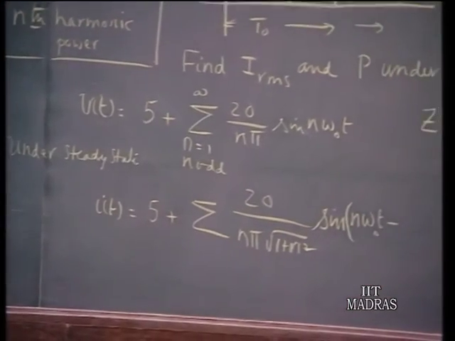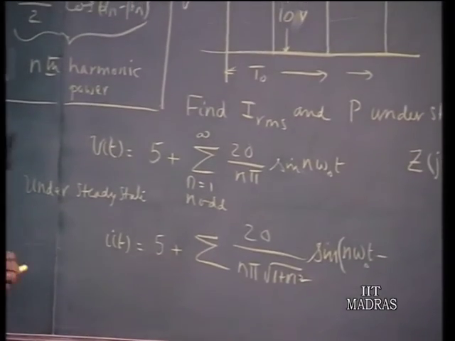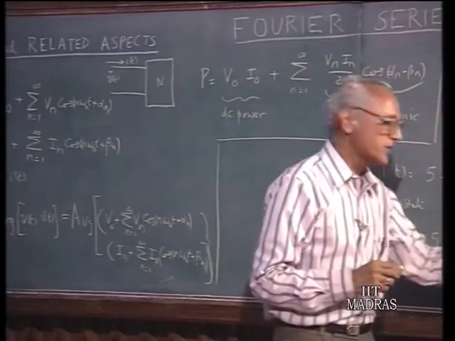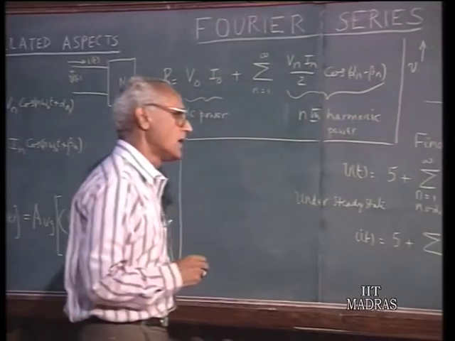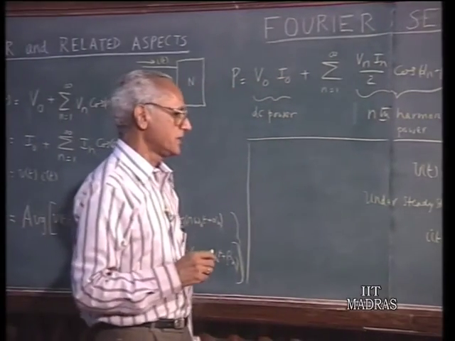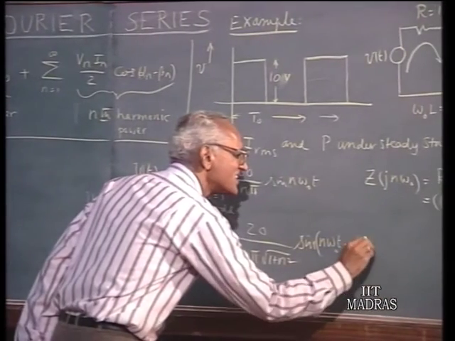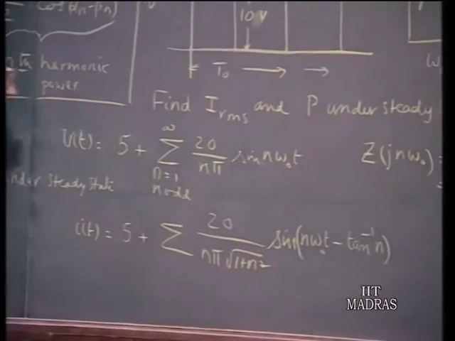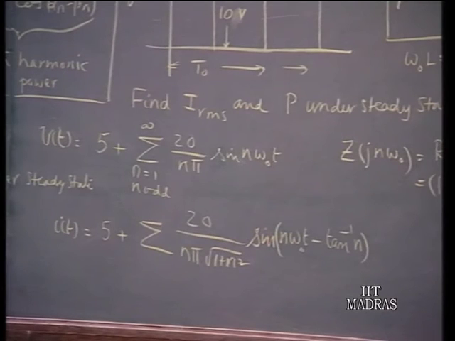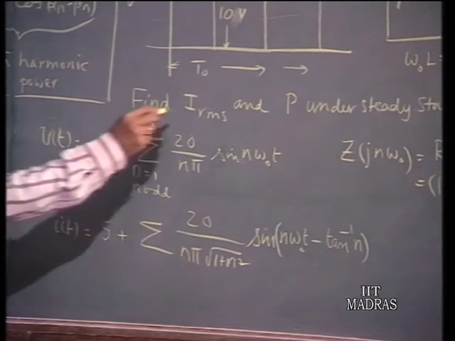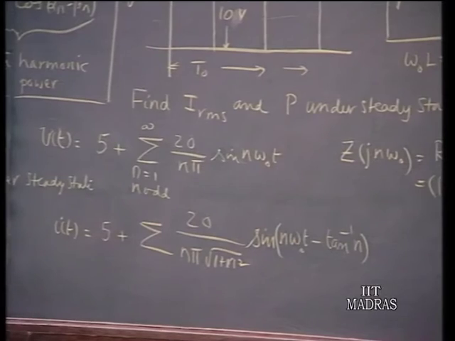Since the impedance has an angle, there will be a phase difference between the voltage and the current. This will be arc tangent of n. So we have the complete description of the voltage and current in terms of the Fourier components. So we can calculate whatever results are required, IRMS and P under steady state conditions.